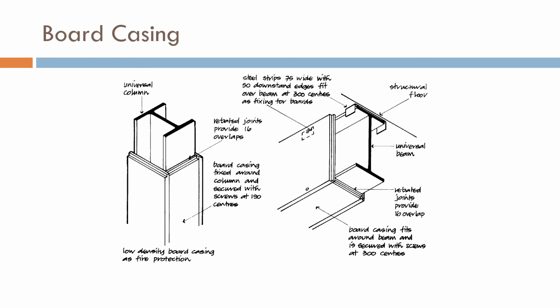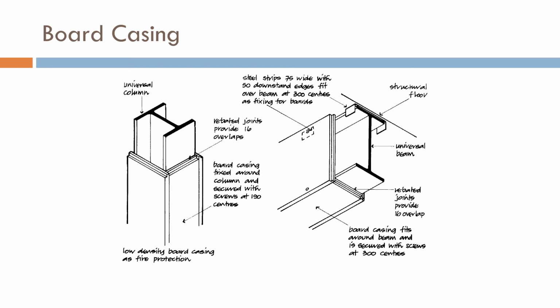The second one is board casing, in which you create a casing made out of boards, which can be low density boards casing as fire protection. So when you create a case around it, it creates a kind of insulation, which does not let the structural member be harmed very easily. But I am telling you again and again, you cannot avoid fire penetrating these materials also.